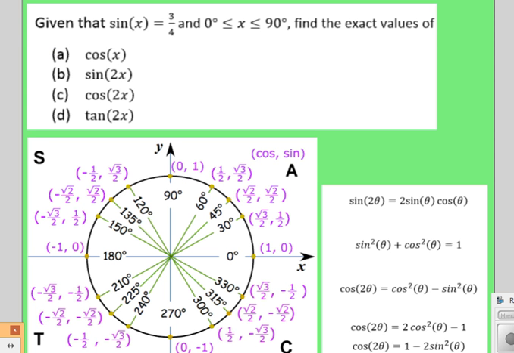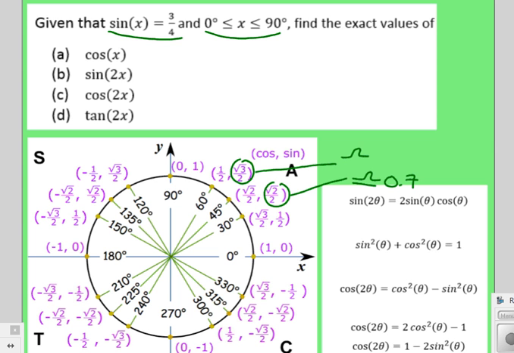Let's see some examples. Well, in this one, we are told that sine x is 3 over 4 and the x is in the first quadrant. Now, before we graph it, did you know that sine 45 is approximately 0.7 and sine 60 is approximately 0.9?